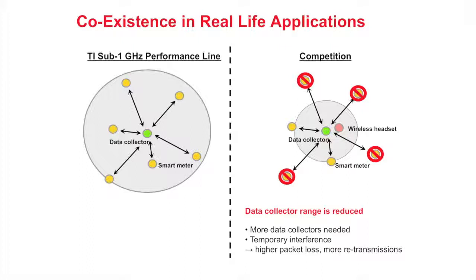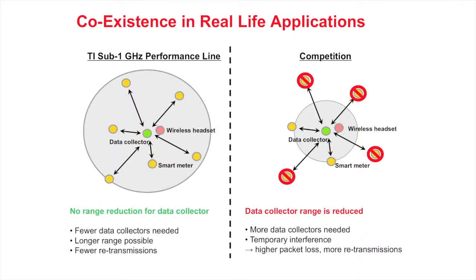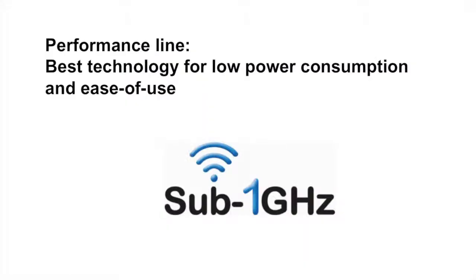Let's look at what happens in the same example using the system based on the TI sub-1 GHz performance line. The wireless headset enters the environment, but the range is not affected. The data collector maintains the range, meaning you can have fewer data collectors, longer range, and fewer retransmissions.